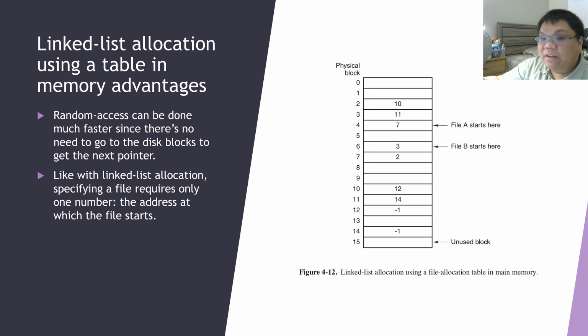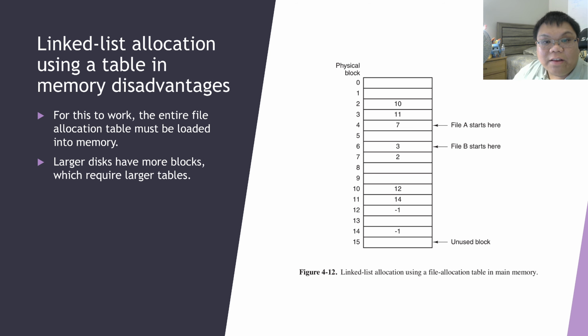Even though we're jumping from row to row in the table, at least we're not jumping from block to block, which is a lot slower. Like with linked list allocation, specifying a file requires only one number, the block at which the file starts.